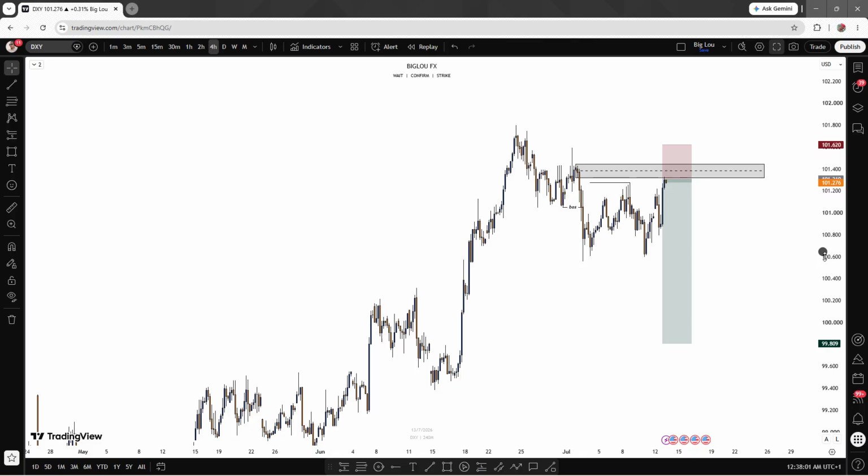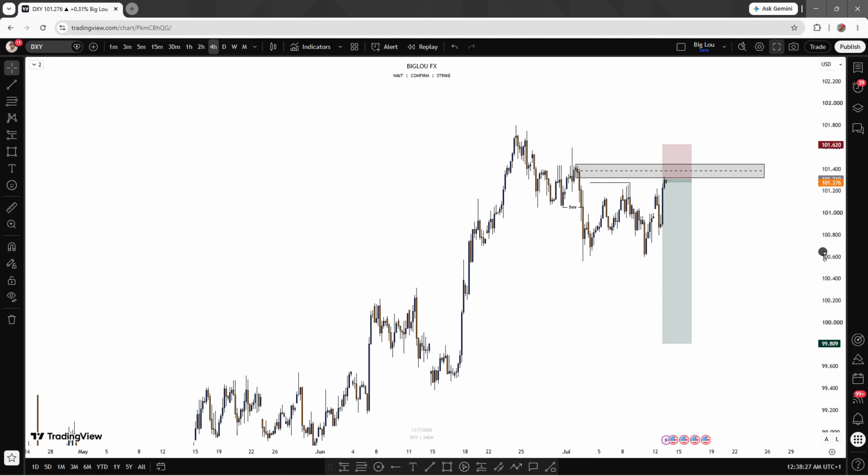DXY, the dollar index, is a very important asset in market analysis because it gives you a view into what correlating pairs will do for the week. All correlating pairs, all negatively correlating pairs, even the positively correlating pairs, like for instance, UJ, that is USDJPY, I think is positively correlated to the DXY.